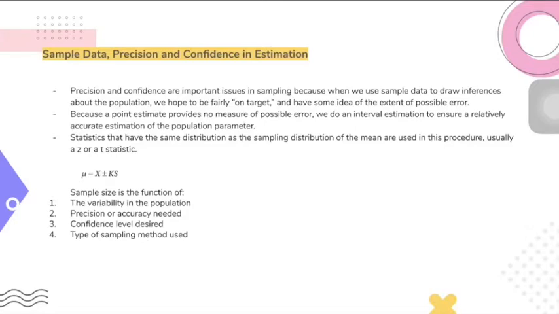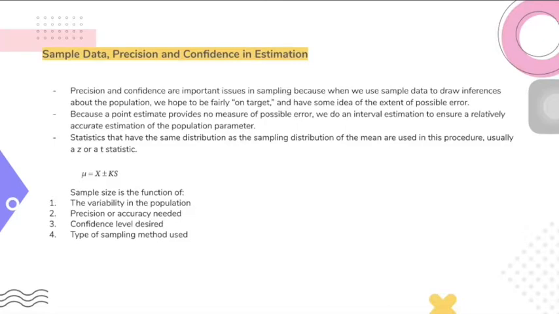If we see the table, for example, for 90% confidence level, the k value is 1.645. For 95% confidence level, the k value is 1.96. And for the 99% confidence level, the k value is 2.576.